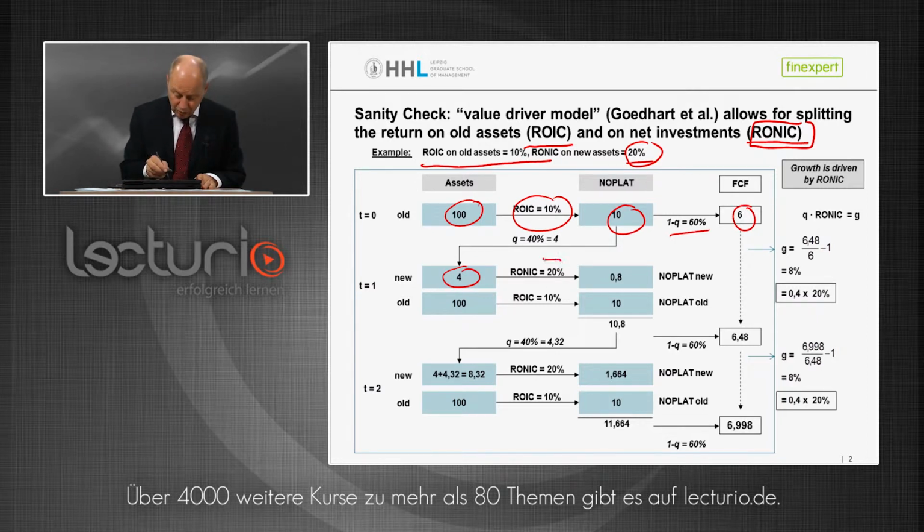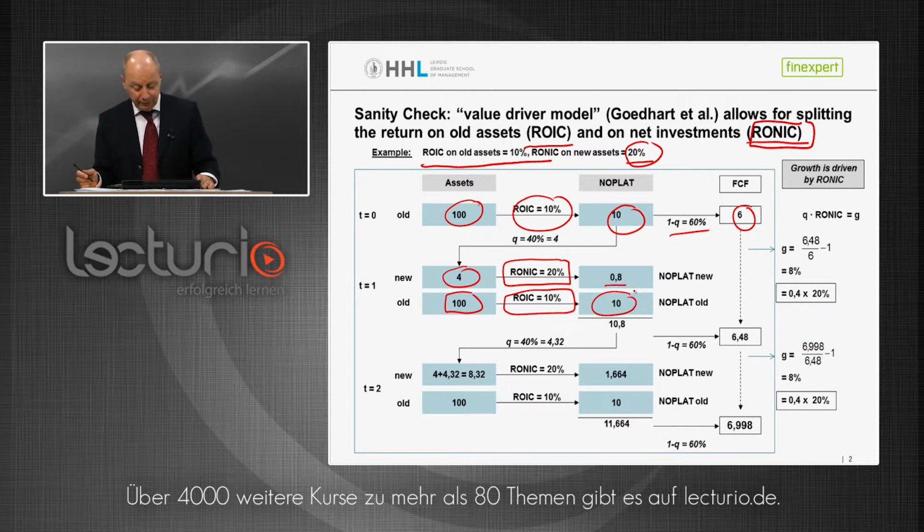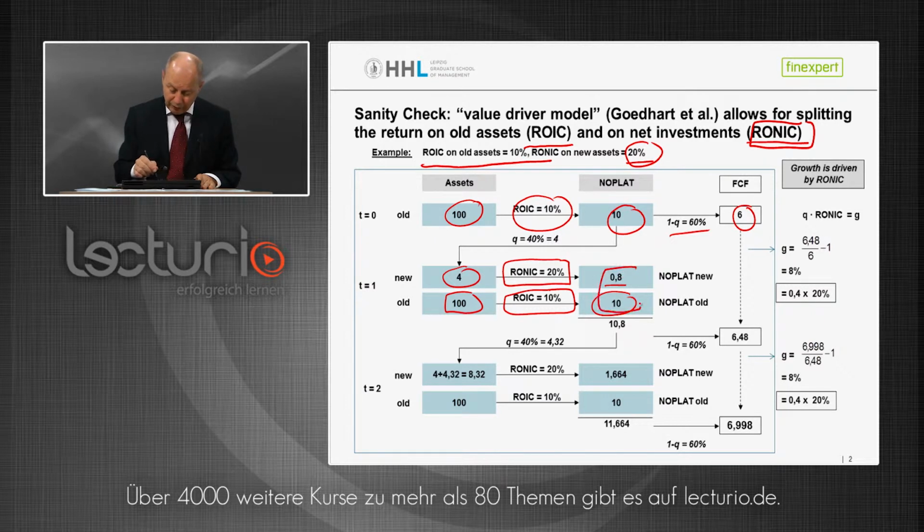Note that these newly acquired assets have a rate of return of 20% now, yielding additional earnings of 0.8, whereas the old assets stay at their old ROIC of 10% and deliver a constant NOPLAT of 10 every period. So now we have 0.8 plus 10, 10.8, and a 60% cash out ratio then yields 6.48 as a free cash flow.